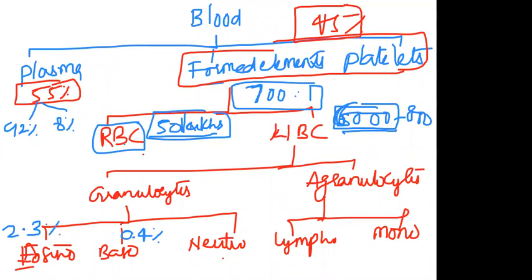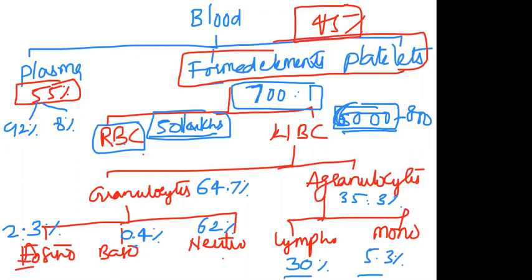Then neutrophils constitute the huge one, 62%. That means granulocytes are about 64.7%. The agranulocytes are about 35.3%. In that, lymphocytes 30%, monocytes 5.3%. So 2.3, 0.4, 62, 30, 5.3 make up 100%.